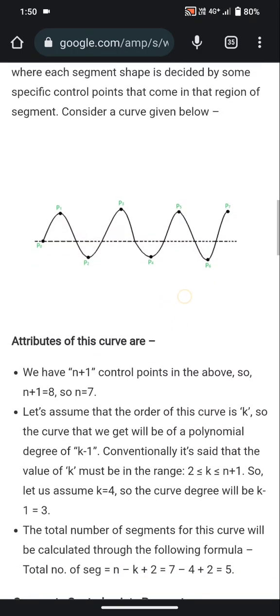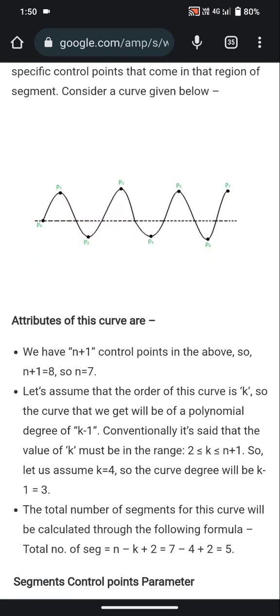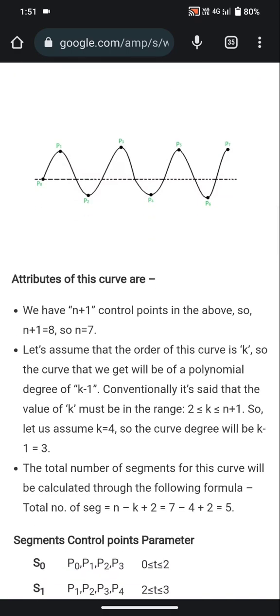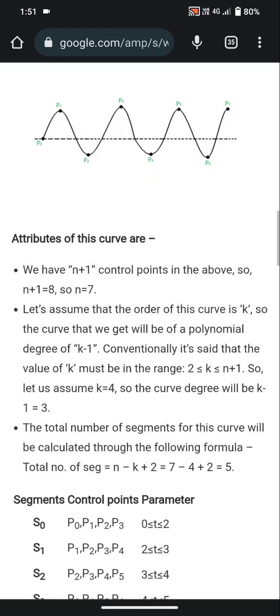Now we come to the attributes of the curve. We have n plus 1 control points in the above curve, so n plus 1 equals 8, so n is 7, because we started from 0 to 7, giving a total of 8 points.